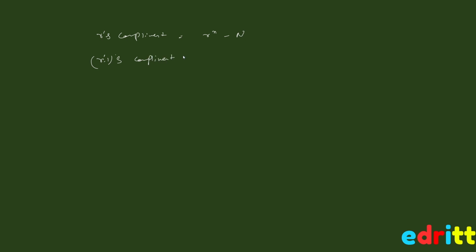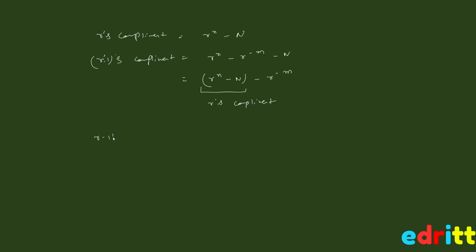It is equal to r to the power n minus r to the power minus m minus capital N. Can I say it's r to the power n minus capital N, minus r to the power minus m? Now what is this? This is nothing but my r's complement.